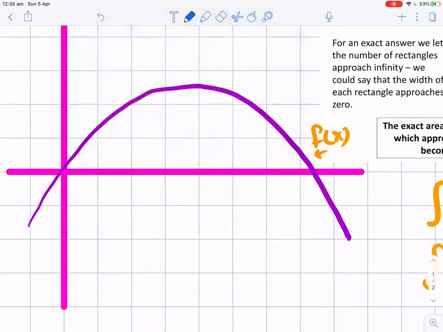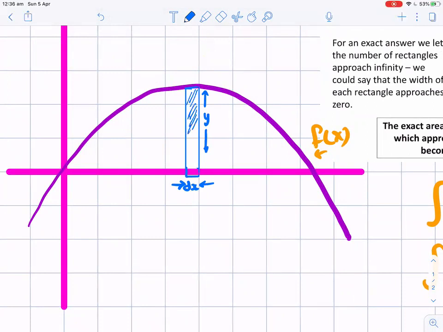Let's draw a rectangle here. This is dx, which is the width, and this is f of x or y, which is the height. This is a strip in the middle.